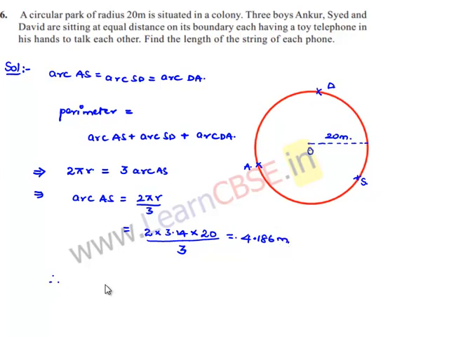Therefore the length of each string is equal to the length of the arc formed by one of the telephone connections between two of them, that is AS or SD or AD, which are all equal here, that is 4.186 meters.